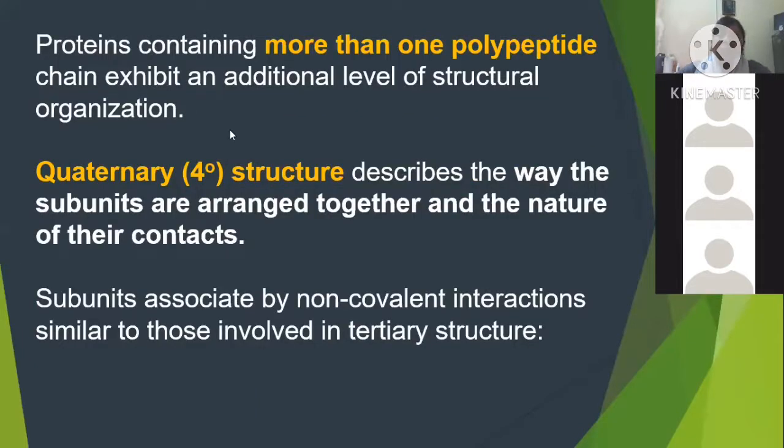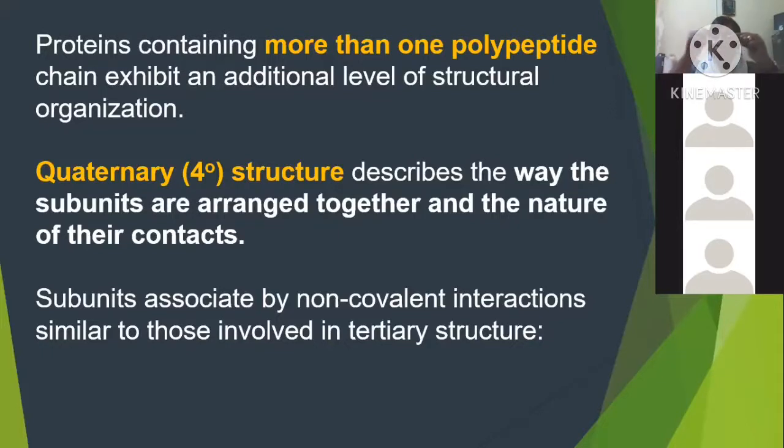So what is this quaternary structure referred to as? See, proteins may contain a single polypeptide chain or more than one polypeptide chain. Just like insulin, as you know, it has two different polypeptide chains, one we call the A chain and the other the B chain.